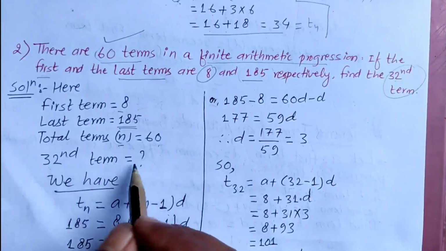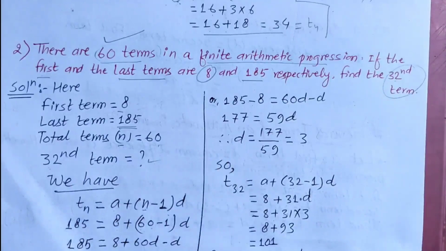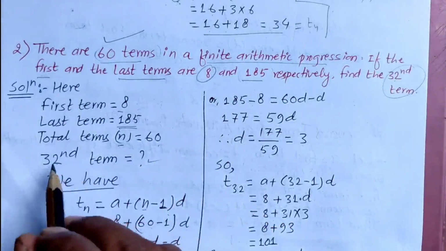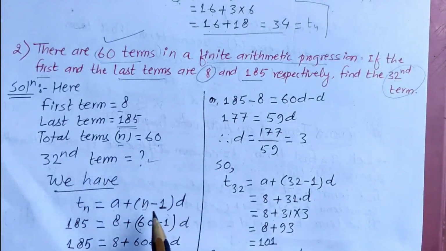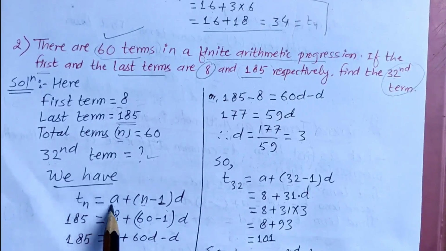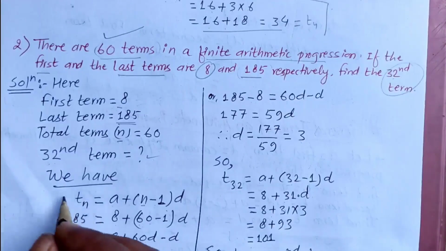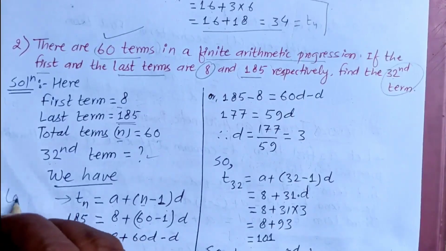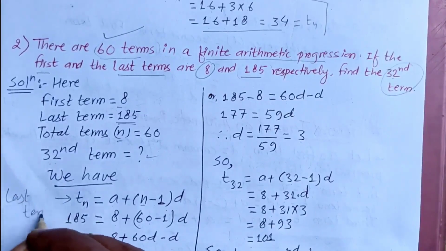Now, what is the 32nd term? We have to find that. In order to find the 32nd term, again we use the general term formula, Tn is equal to a plus n minus 1 times d. Tn is the last term.